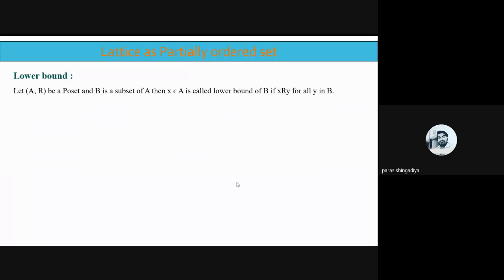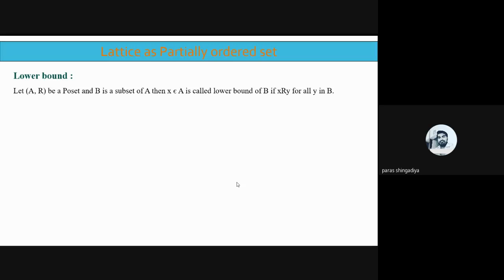The first definition is the lower bound. So how can we define the lower bound? Clear? So the data is here. (A, R) is the poset. A is any set, R is any relation, a partially ordered set here, and B is a subset of A. Clear? We consider one set which is a part of A, meaning B is a subset of A.